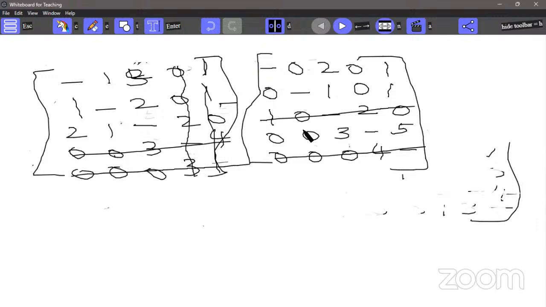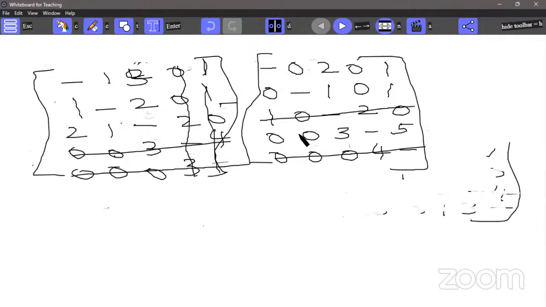There are no single zero rows or columns. But I have to cover all the zeros. So what do I do now? Can I do it arbitrarily, any of the rows or columns? Can I cover the rest of the zeros with only 2 lines, 2 horizontal or vertical or a mix of horizontal and vertical? Can I do it with 2 lines?